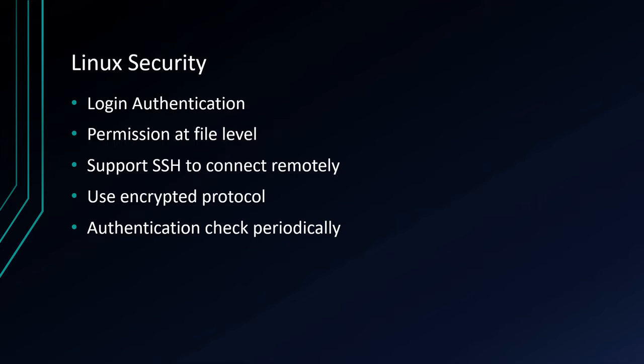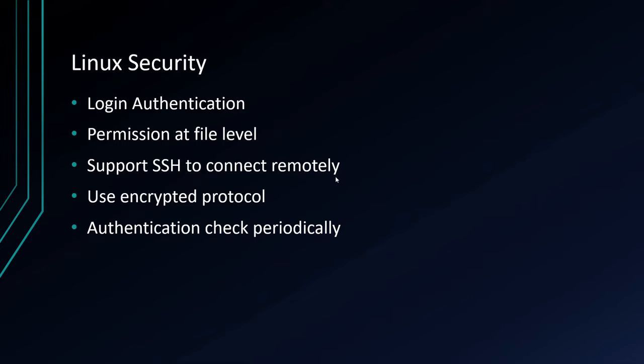The Linux system has some security features that can be relied on, the basic one being first login authentication. It also has permission at file level, which helps to protect a specific file that other than admin should not have access to.